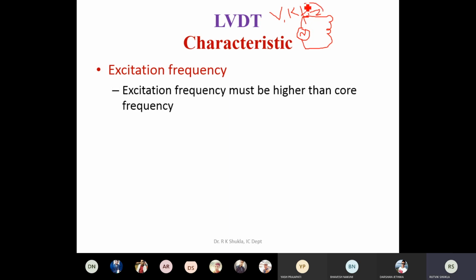Now what should be the excitation frequency ideally? We have seen in our discussion that it can range up to say 10 kilohertz, 10 to 20 kilohertz. This is the normal range, the frequency which is acceptable in case of LVDT. But what is the ideal condition for this?